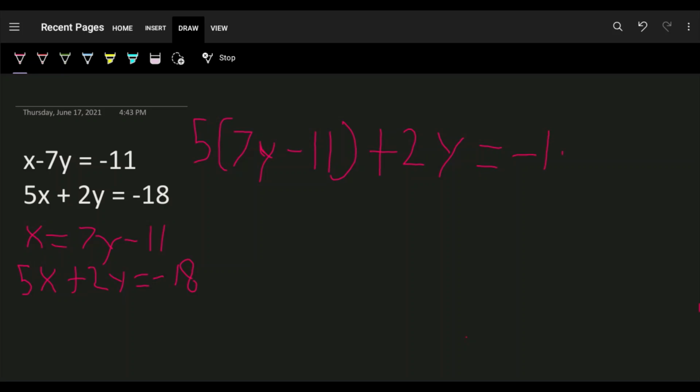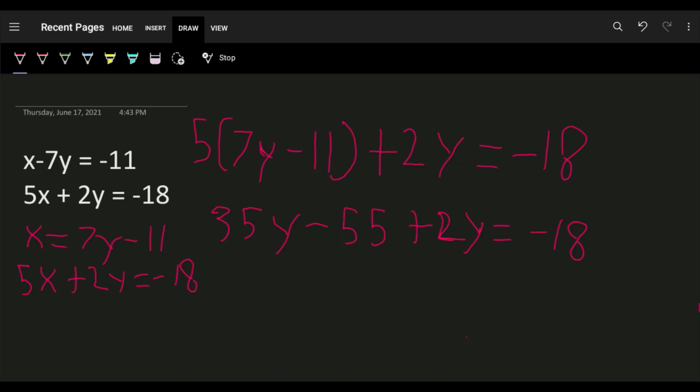Then we have to distribute it. That will get us 35y minus 55 plus 2y. This will equal negative 18.